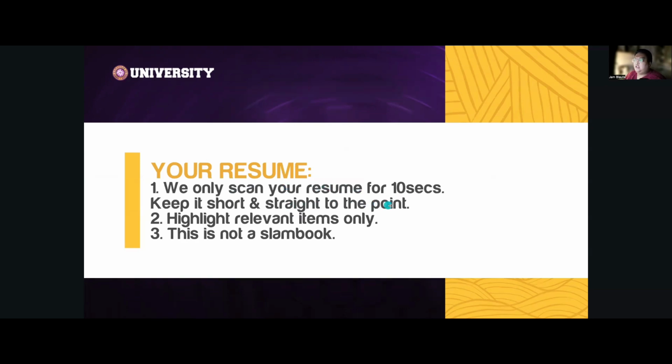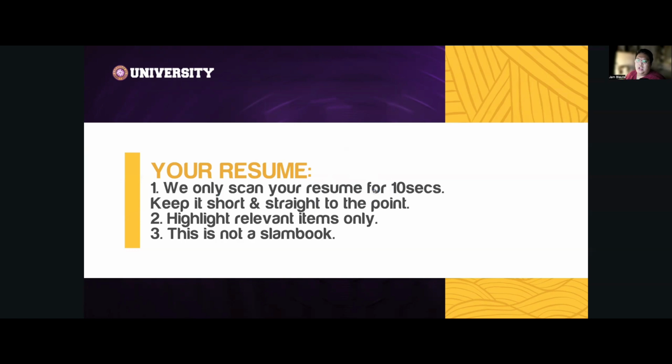Second is highlight relevant items only, or experience or tools. When I say items, that's the tools, the skills, the work experience. Only the relevant ones based on the job description. And guys, this is not a slam book.